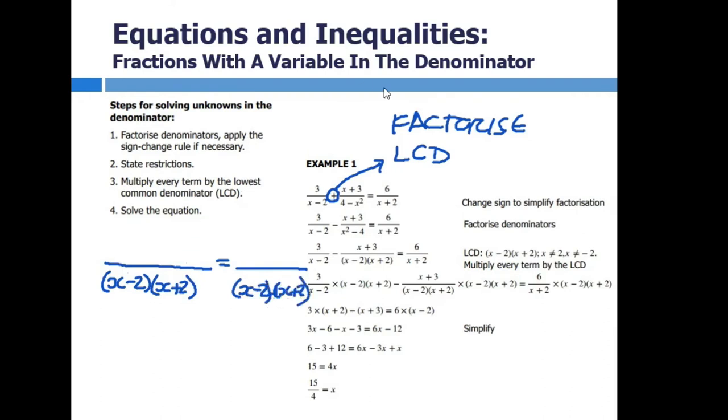Okay, so let's see what we would do. For this first one, I'm going to times by x plus 2. So it's going to become 3 times x plus 2. For this one over here, it was already over the correct denominator. Don't forget the minus belongs to the whole thing.